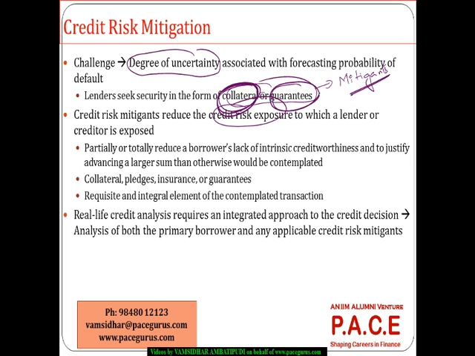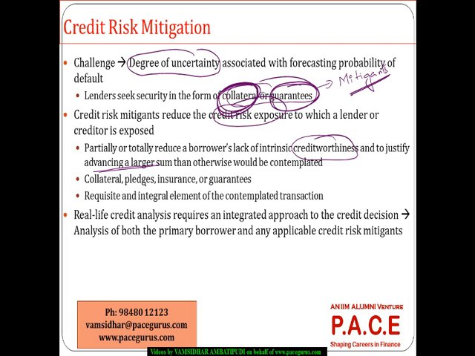Or he can force the guarantor to make the payment if the original borrower has defaulted. So even if the borrower's creditworthiness is much lesser, still the lender can lend to that borrower because there is a kind of backup that exists for the lender. So he can very well give even a larger sum of money to the borrower, which he might not have given if there was no collateral taken.